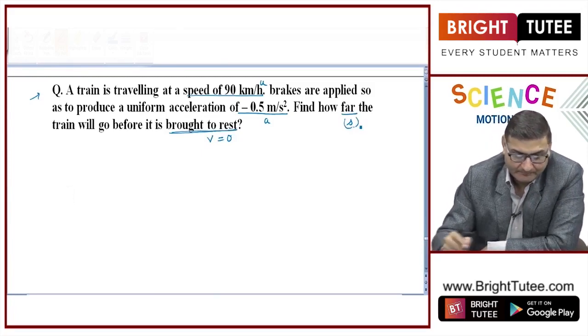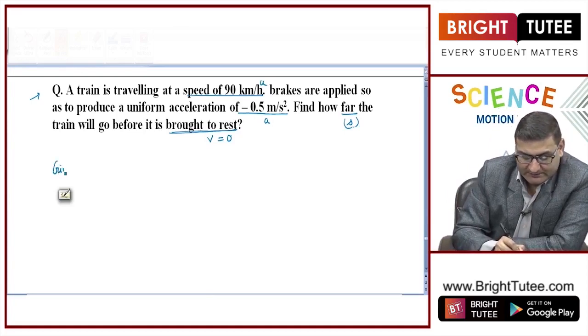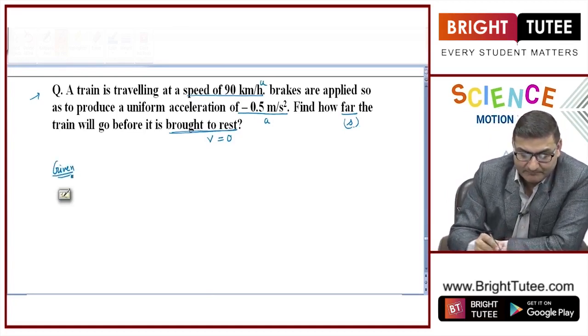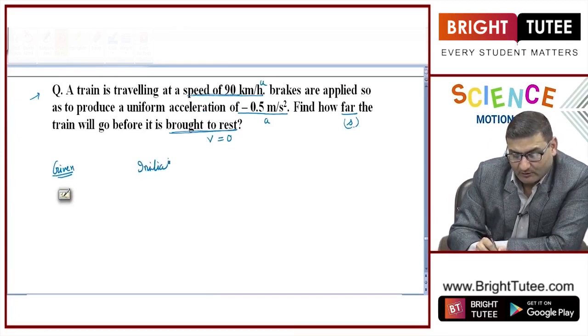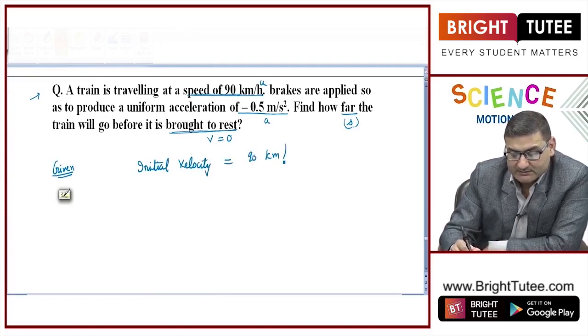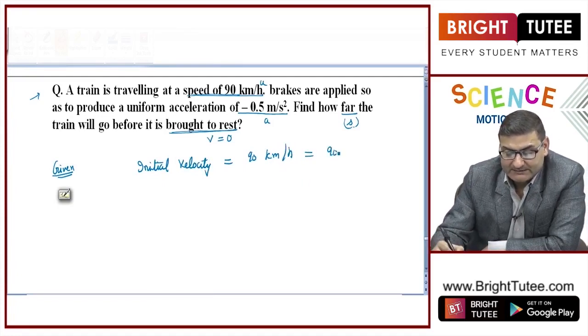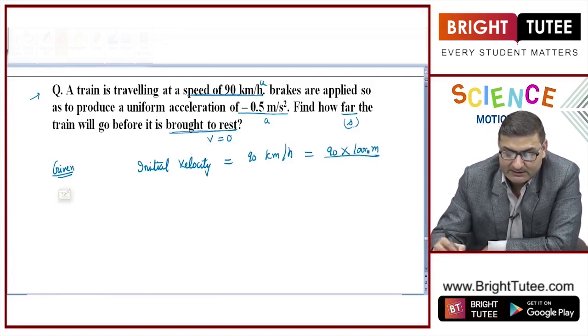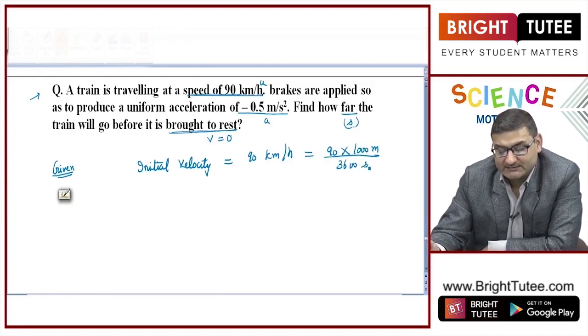Got it? Fine. So, let us see what exactly is given to us in the question. The initial speed or the initial velocity of the train is given to be 90 kilometers per hour. Converting it into meter per second, 90 into 1 kilometer. Rather than writing 1 kilometer, I can write 1000 meters divided by 1 hour, which is equivalent to 3600 seconds.